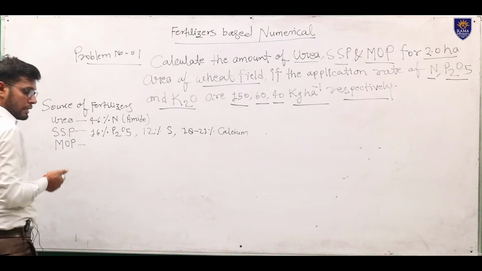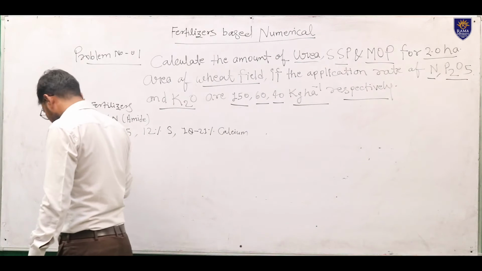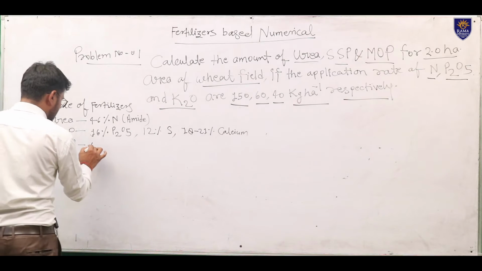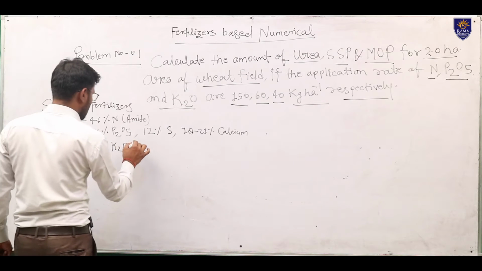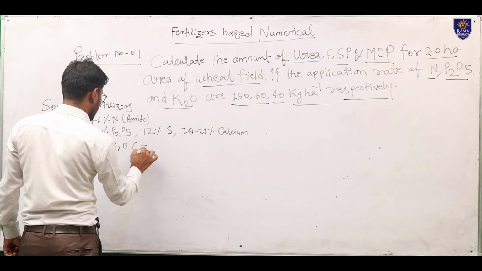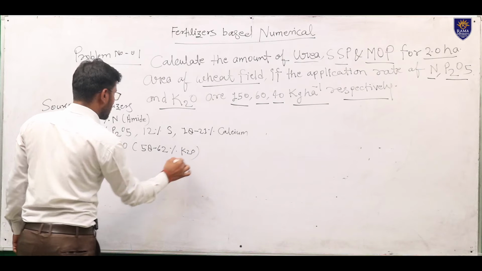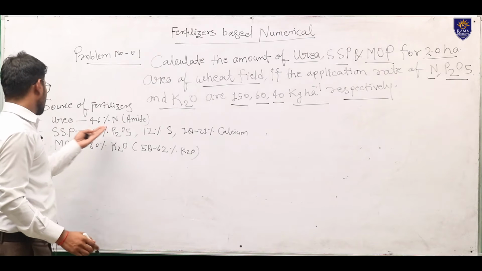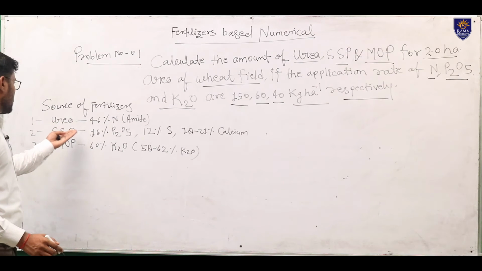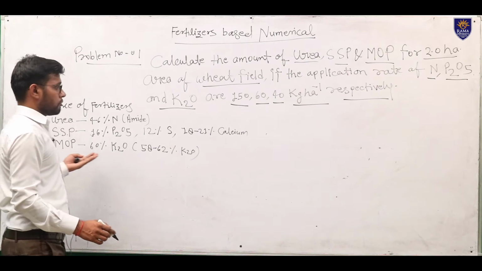This is a chloride based potassic fertilizer, and it contains about 60% K2O; in some books it is written 58 to 62% K2O. So here farmers have 3 sources of fertilizers: for nitrogen it is urea, for phosphorus it is SSP, and for K2O, meaning potassium, it is MOP.